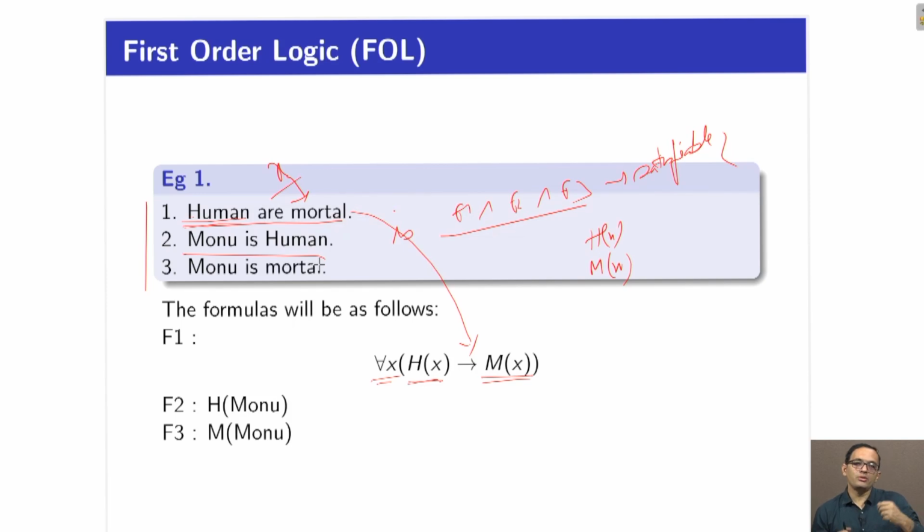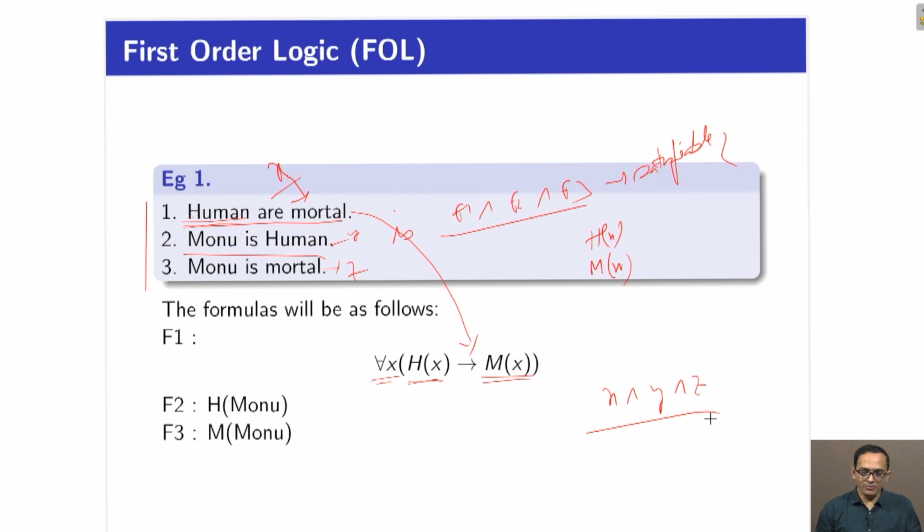Or say, for argument, you can say I will call this y, this z, then I will say x and y and z, but there are no connections. You can see the connections between these 3 formulas: you are generalizing that all humans are mortal, and you are saying one human being named Monu is human, so Monu is also mortal.